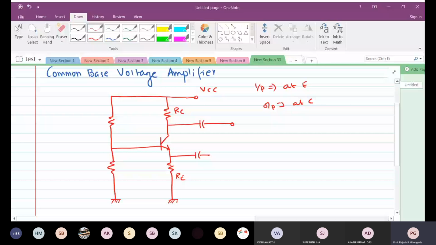So this is again your RS, this is your VS, and this is where you're going to connect the load.